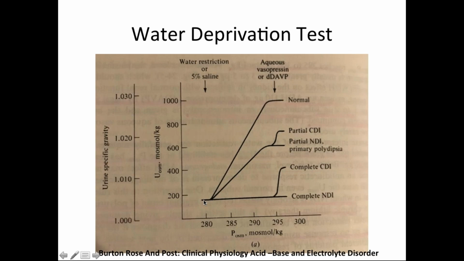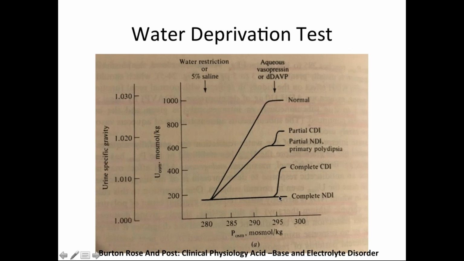And if you see, for someone with complete diabetes insipidus, whether it is central or nephrogenic, as you water deprive them or water restrict them, the serum osmolarity will increase, but the urine osmolarity will not increase. And then once you hit 295 and you give DDAVP, those with central diabetes insipidus will respond with at least a 50% increase in urine osmolarity, which is shown here.